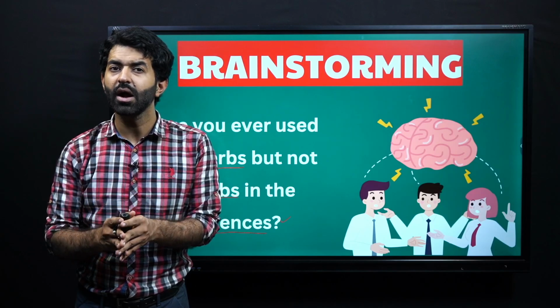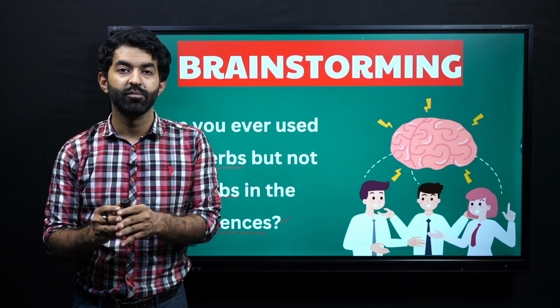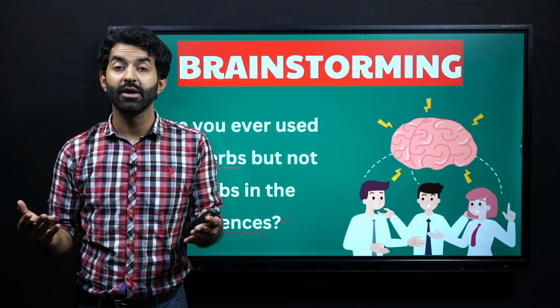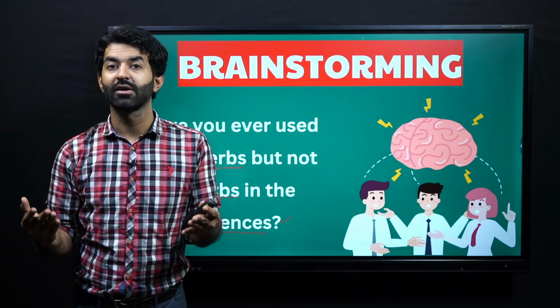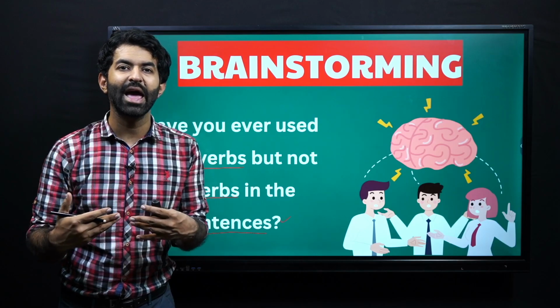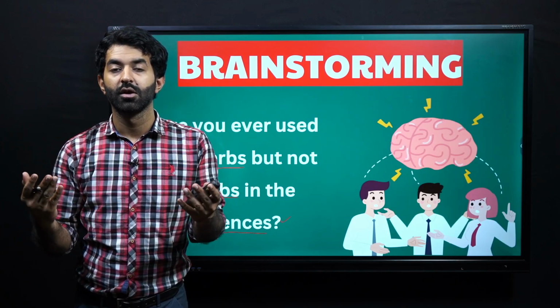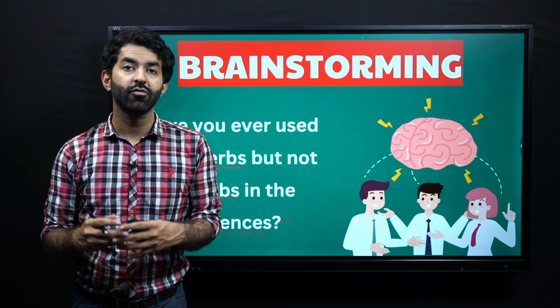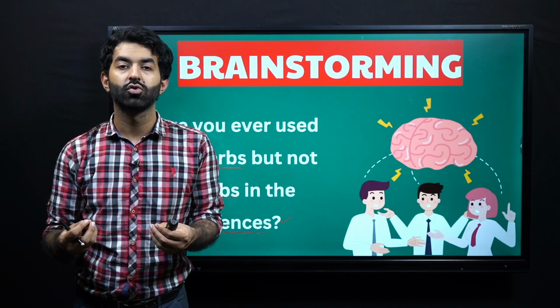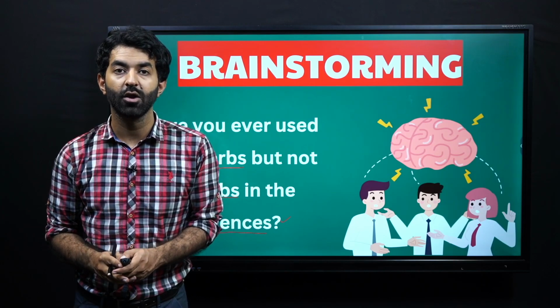But there are some verbs with some addition and they start working as nouns. Isn't it fascinating? Yes, it's very interesting to understand how verbs can act as nouns. So let's see, and if you can give one example in the class, you can stand up, give your example to inform your fellows and your peers.